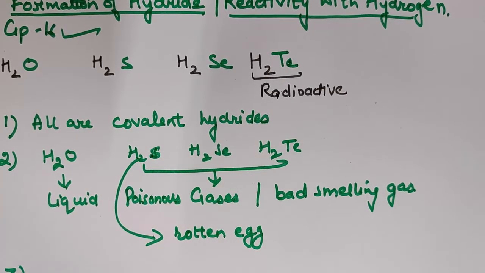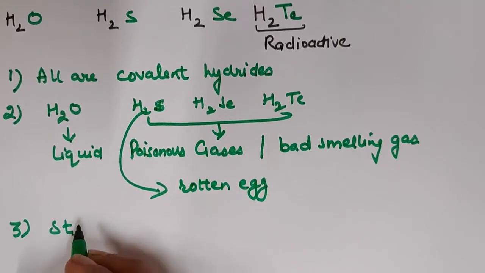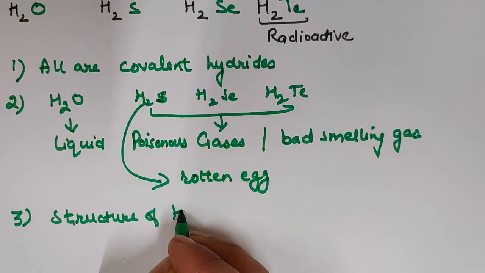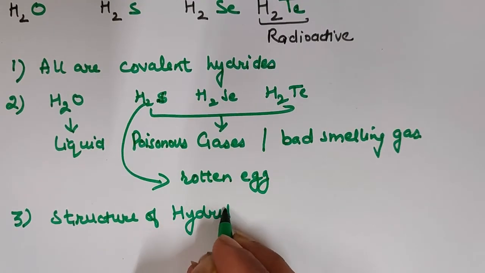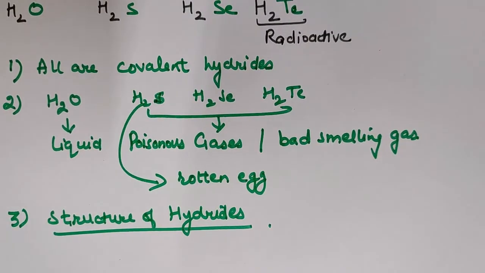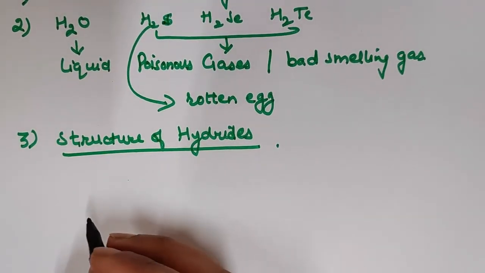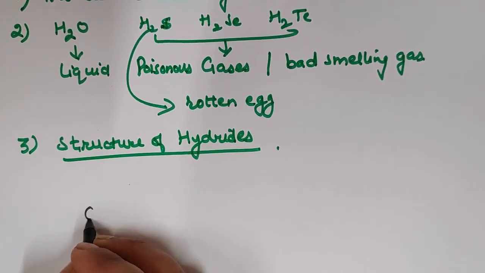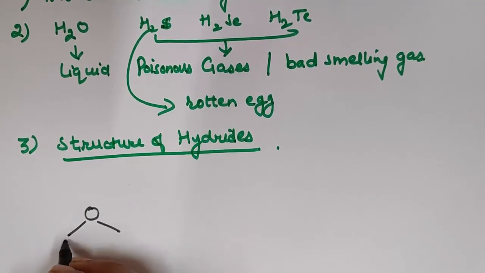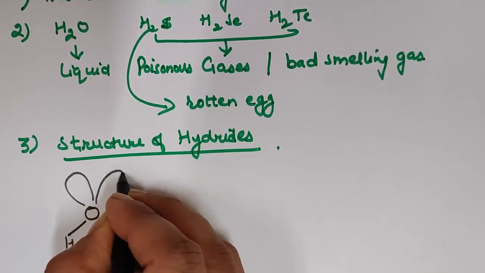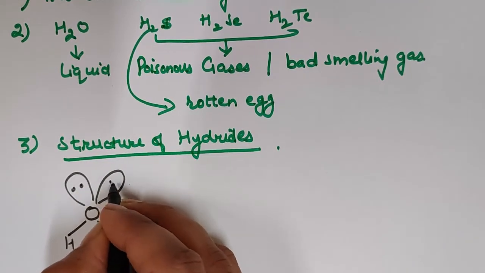Now the structure of these hydrides. If you look at the structure of the hydrides, you are familiar with that of water. In case of water, we have bent shape where the oxygen atom is at the center and two hydrogen atoms are linked in this way, and there are two lone pairs of electrons.